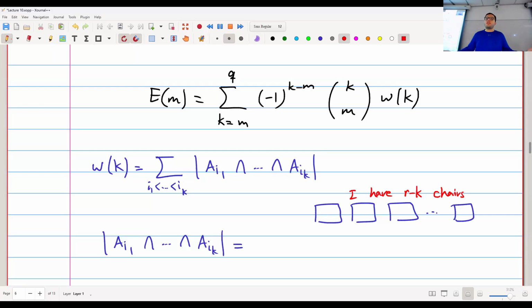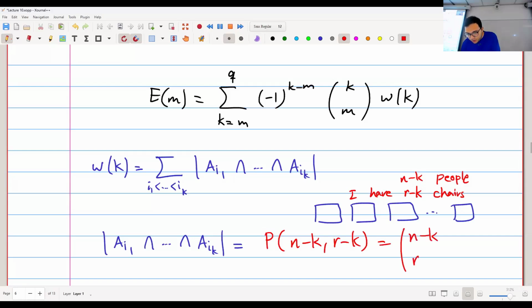Well, k people have already taken a seat, so I have n minus k people, and I want to create a permutation of r minus k of them. So the total number of ways of doing that is just P of n minus k, r minus k, which we've seen is the same as n minus k choose r minus k times (r minus k) factorial.